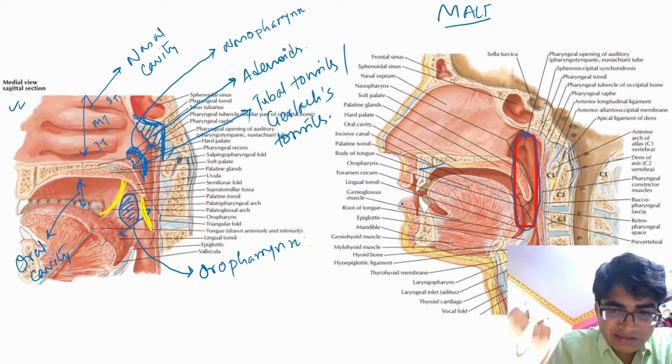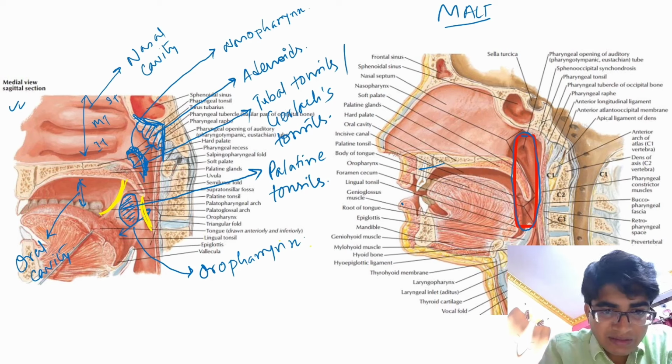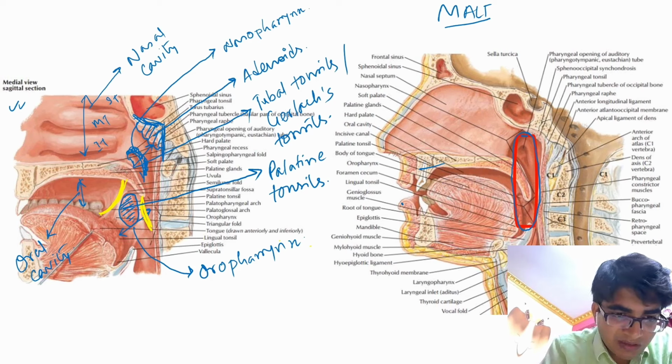This is the most important tonsil, the palatine tonsil, correct? There may also be some tonsils at the base of the tongue, and they are the lingual tonsils.